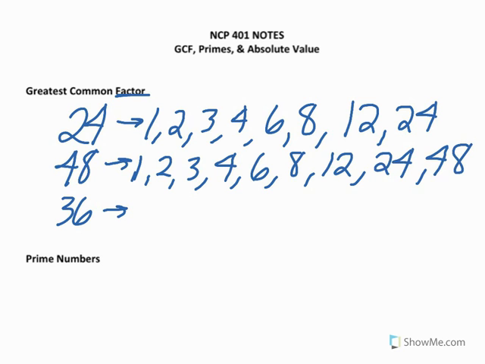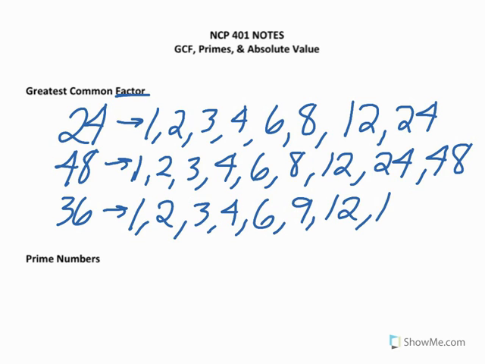Notice these are all the same except 48 also has 48. The factors for 36 are 1, 2, 3, 4, 6, 9, 12, 18, and 36.